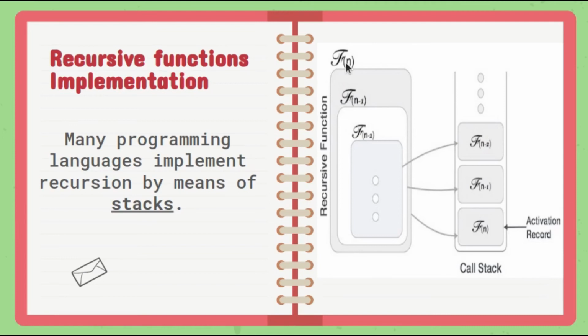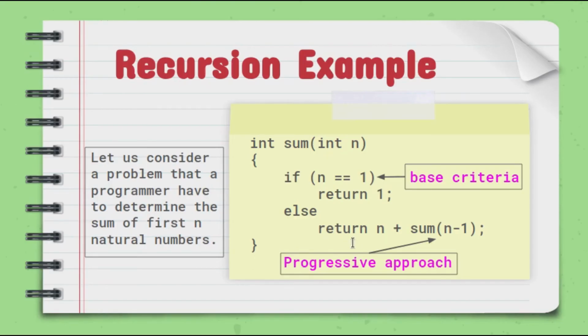Here n is equal to 3. Let's just say 3. Then 3 is going to call itself. But remember that the function was something like: return n when n is greater than 1, otherwise return n plus sum of 1 to n minus 1.